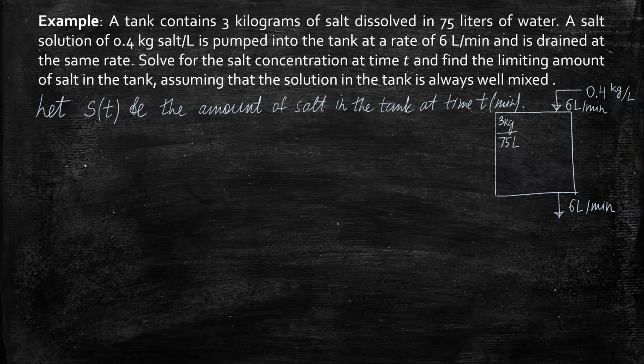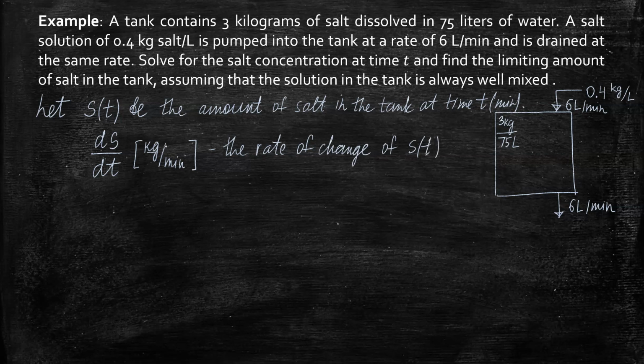And we are going to consider ds dt, the units of which are kilograms of salt per minute, and ds dt will represent the rate of change of the amount of salt in the tank per time t.